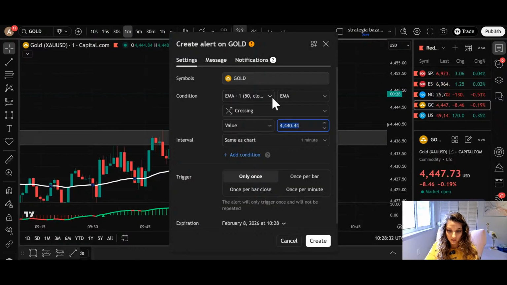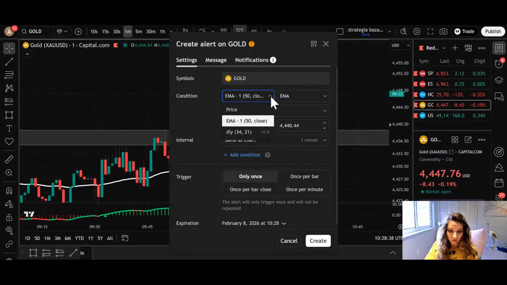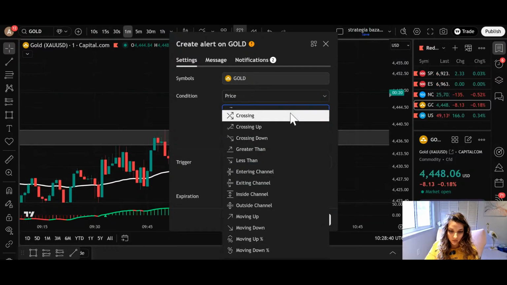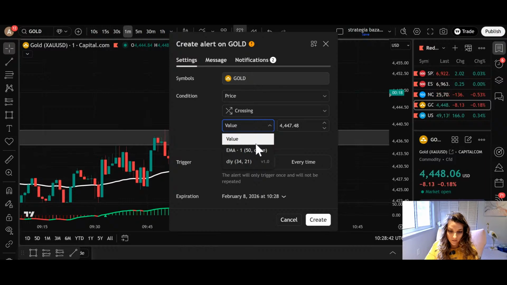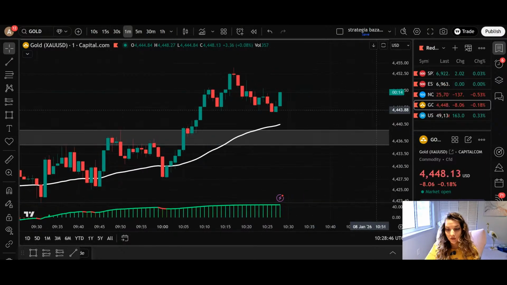Not yet. Using EMA. I create it now. So no trade for me on the gold.